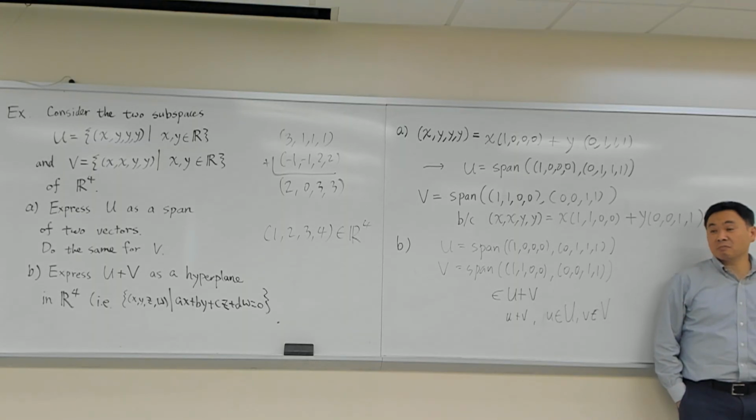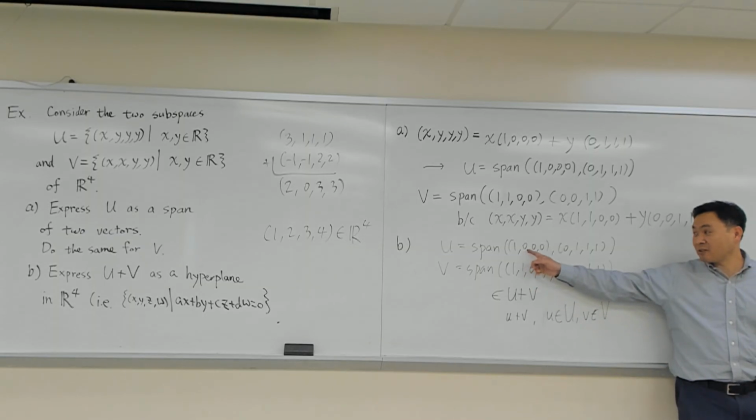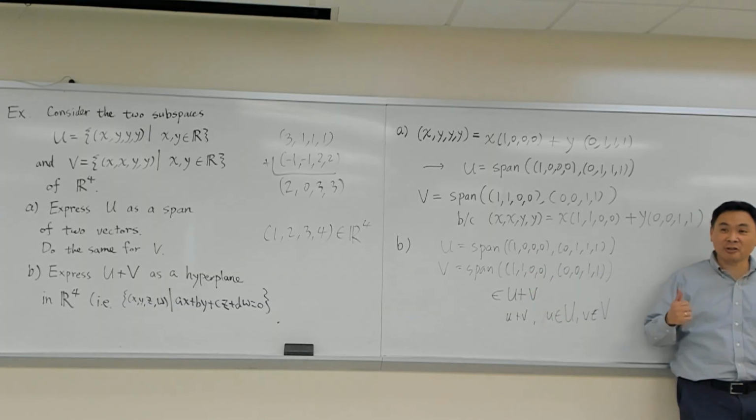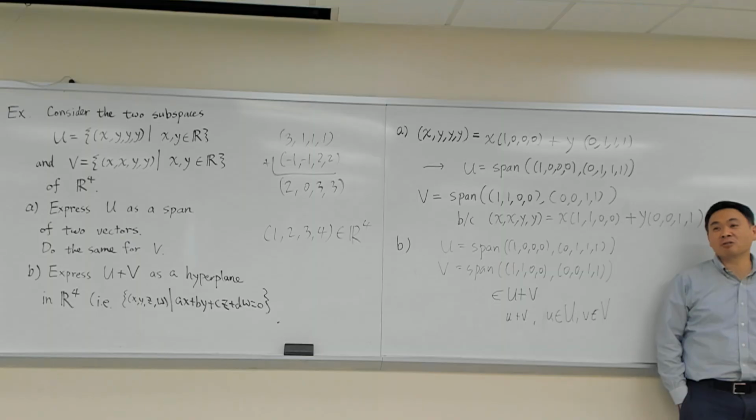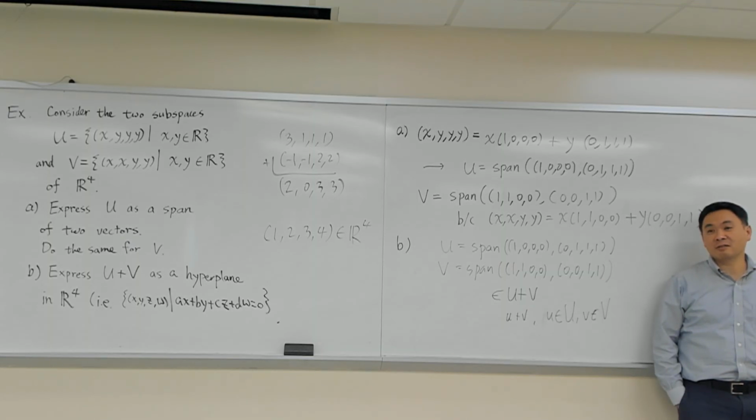(2, 1, 0, 0). Okay, how do you get that? Well, it's U plus V. You just added these two, right? Yes. I know this is from U and that's from V, so (2, 1, 0, 0) is in U plus V. Very good, that's the start. Give me another one. (0, 1, 2, 2).